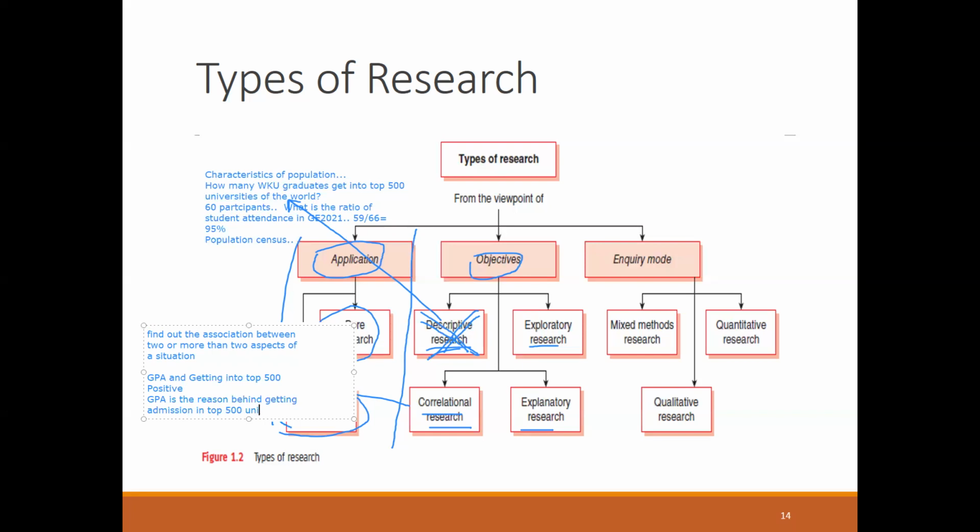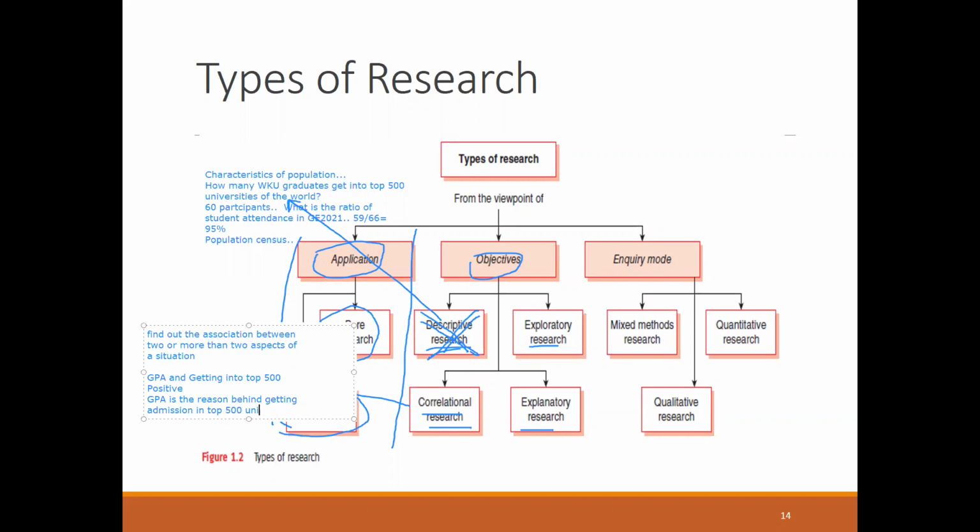We do not find whether one is causing the other phenomenon. We are not interested in explaining the reason behind the phenomenon. But is GPA the reason behind getting into top 500 universities? That is not a correlational study.